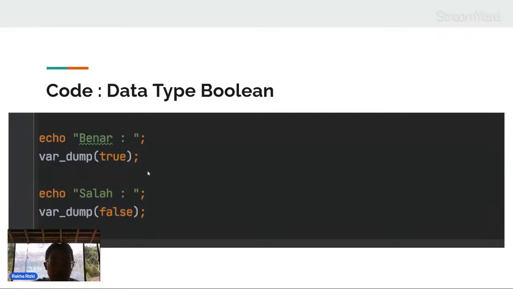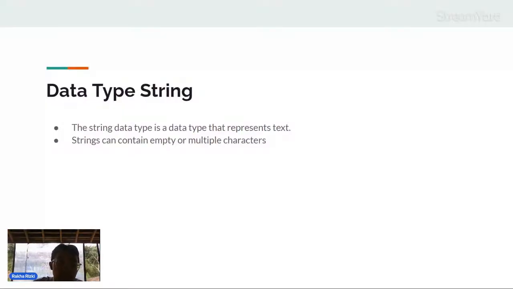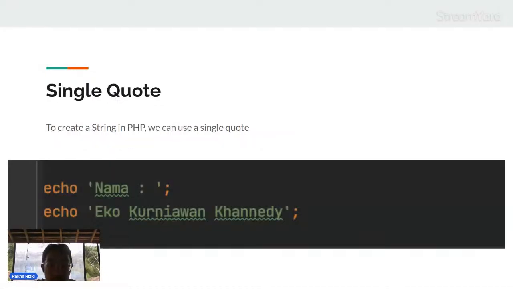Okay. Then the string data type. The string data type is a data type that represents text. A string can contain empty or multiple characters. To create a string in PHP, we can use single quotes.